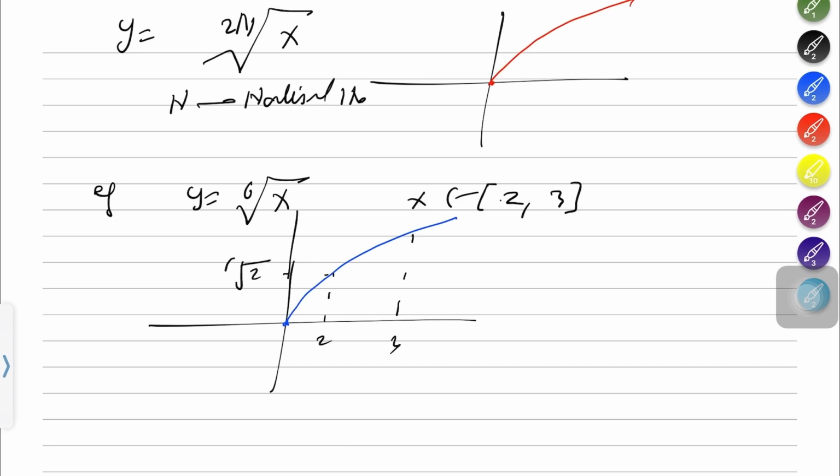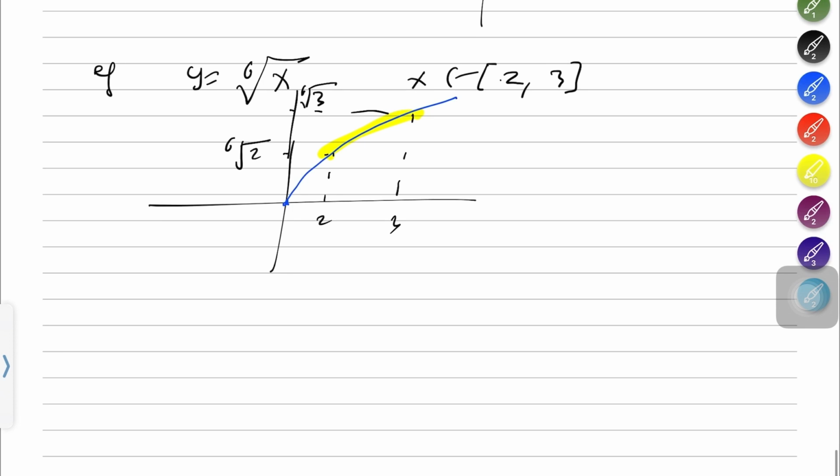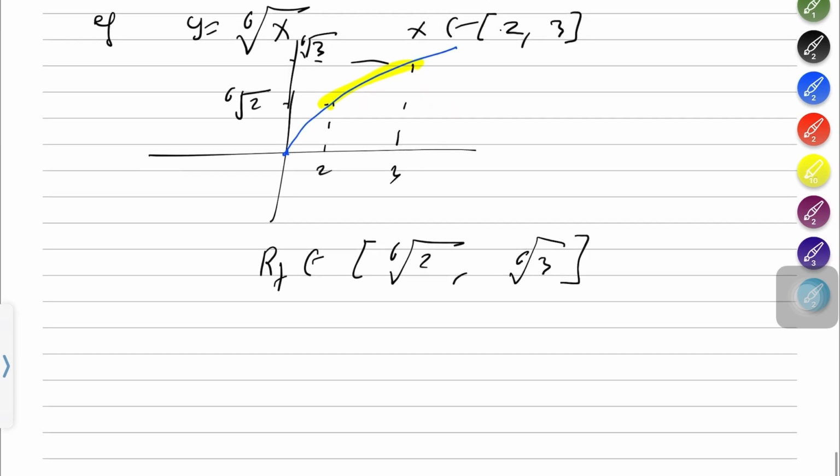So obviously the graph is this only. The minimum value of y is the 6th root of 2, and the maximum value is the 6th root of 3. So the range of this function will be from the 6th root of 2 to the 6th root of 3.